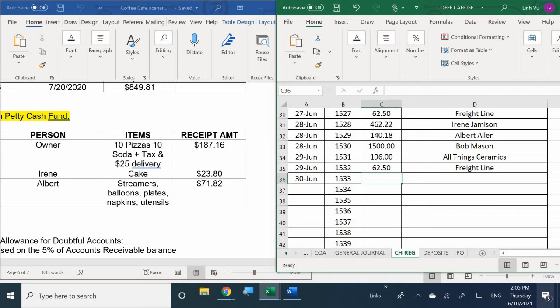I'm writing check number 1533 for a total of $282.78. And in this case, you're just going to write a check to the petty cash fund.